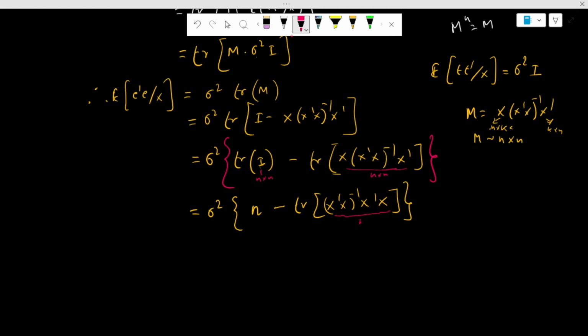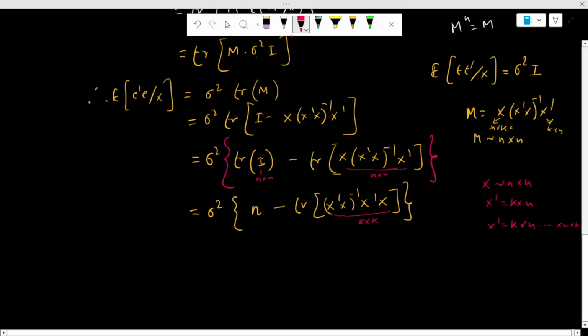This is of order k into k, because x is of order n into k, x transpose is of order k into n, and in between they have maintained this chain. So x transpose is of order k into n, and at the last we have x, which is of order n into k. So ultimately this matrix is of order k into k.